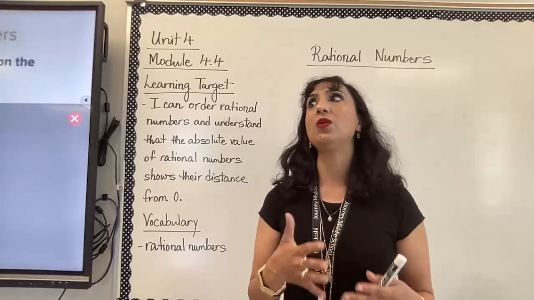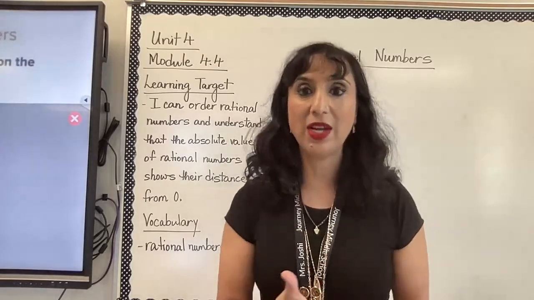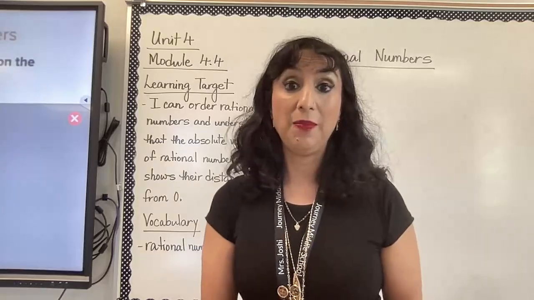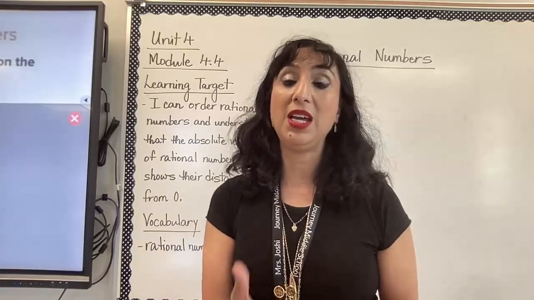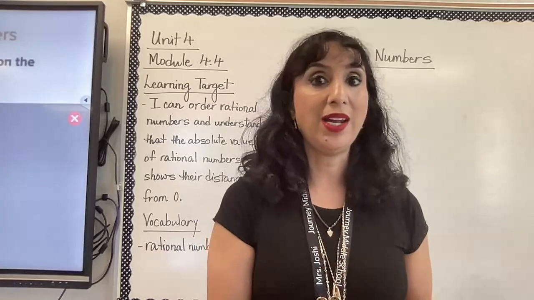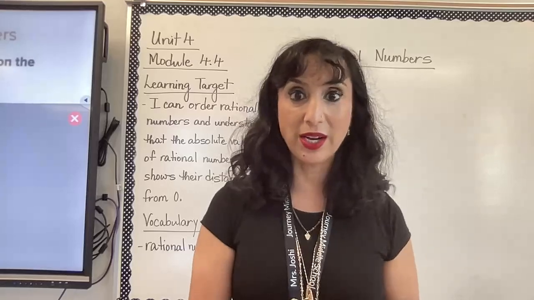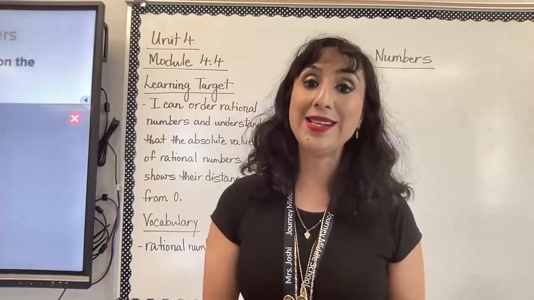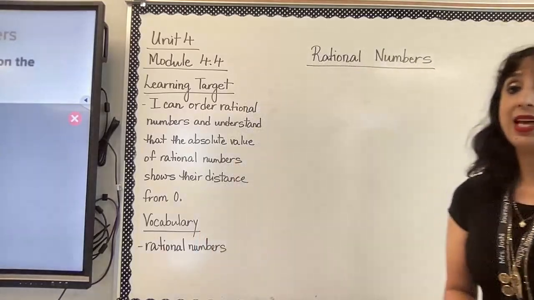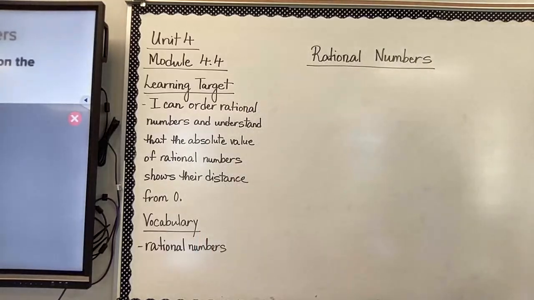I'm going to show you a little diagram so that you can understand what each kind of format of the numbers means. For example, what are natural numbers, what are whole numbers, what are integers, what are rational numbers, all right? So let's start with the basic.